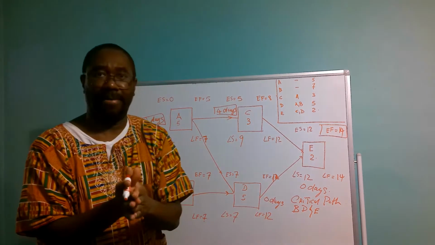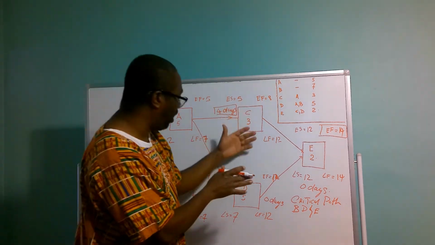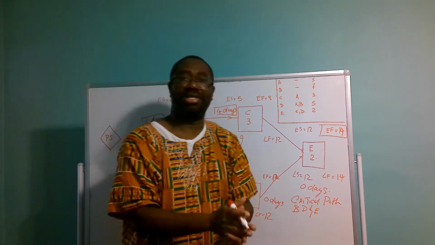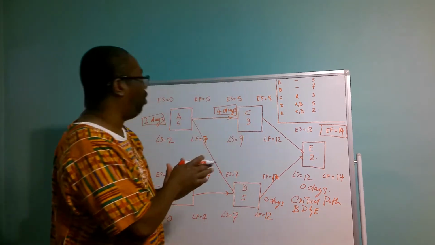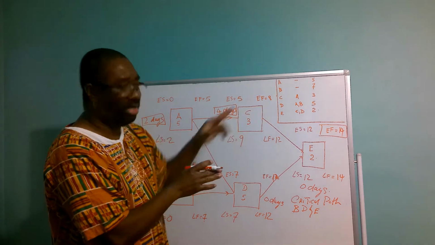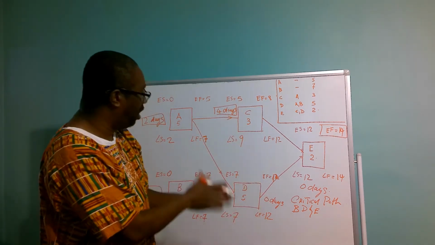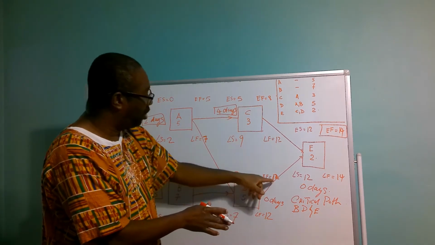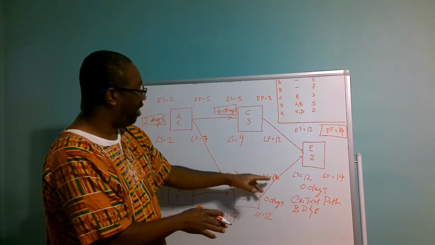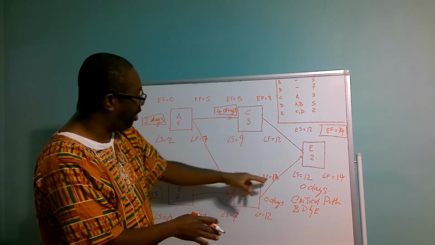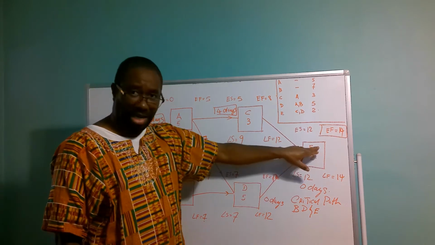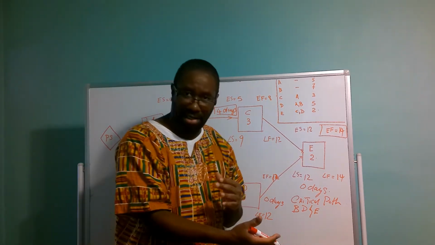But cumulatively, C and D are going to finish in 12 days, even though activity C is going to finish in 8 days. So if C and D finish in 12 days, activity E is going to start on the 13th day.